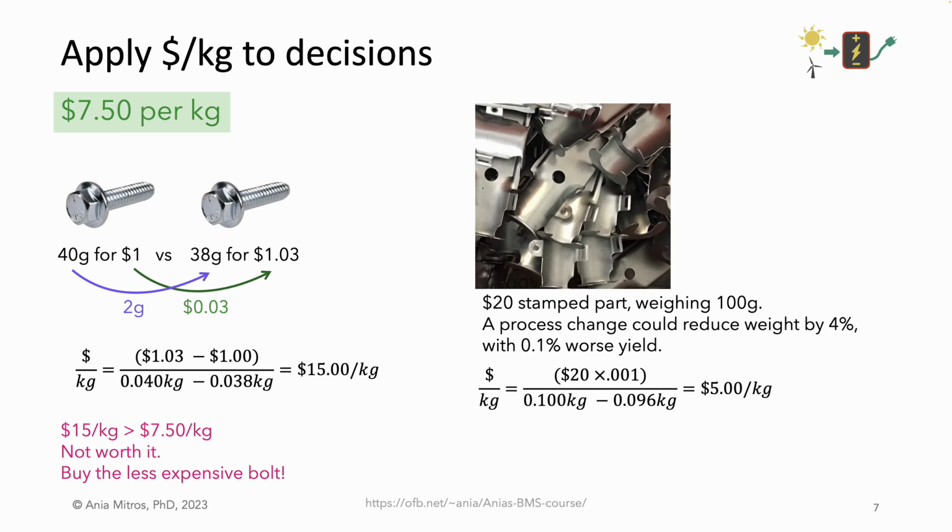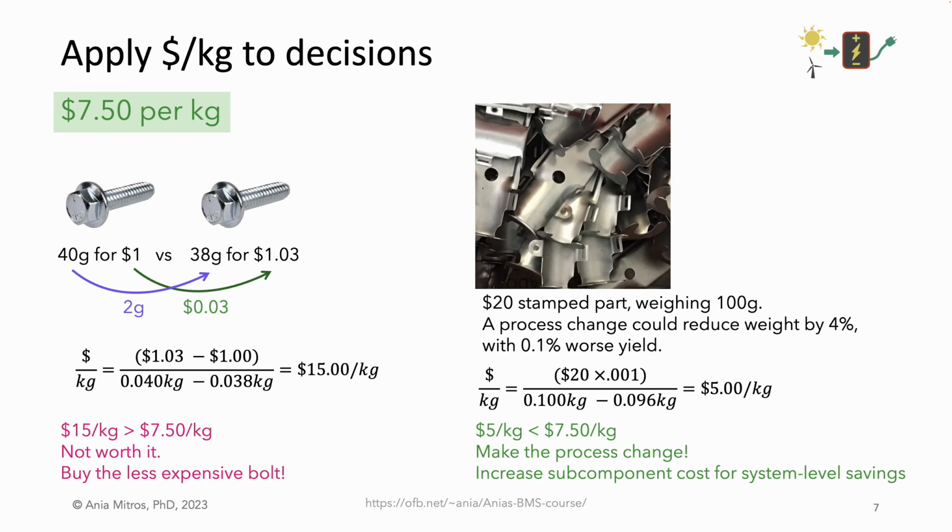The numerator accounts for a 0.1% yield loss on a $20 part. The denominator accounts for the 4-gram weight reduction. This process change costs $5 per kilogram, less than our system target, so we should do it. In this case, increasing the subcomponent cost leads to product-level savings.